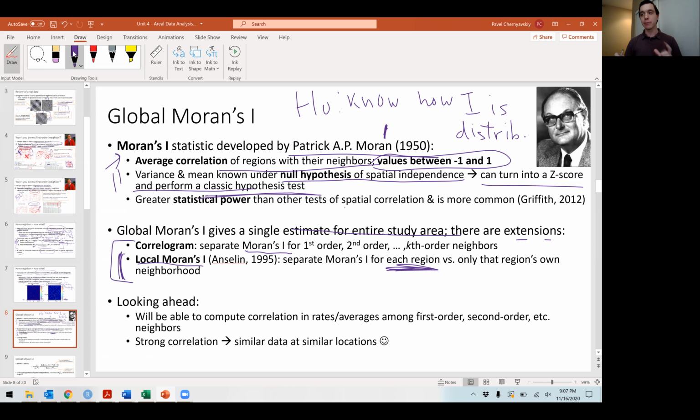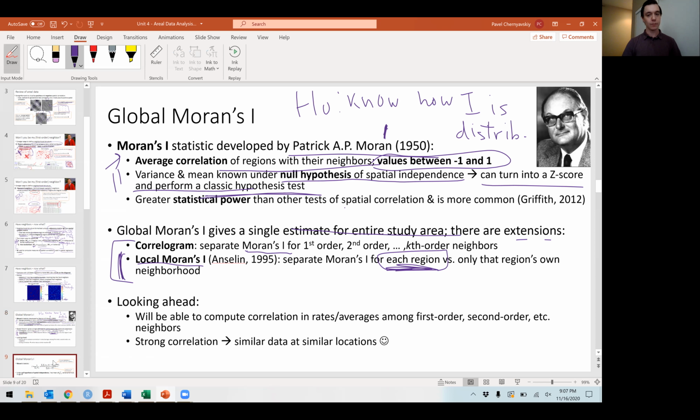Our variograms and covariograms are built by cross multiplying observations together. So this is somewhat of a similar concept where for each region, we're going to compute its correlation with its immediate neighborhood. And we do this for all regions to pick out sort of local clusters.